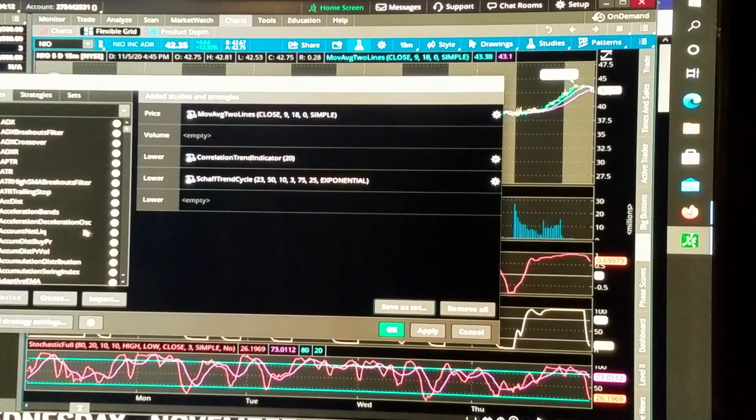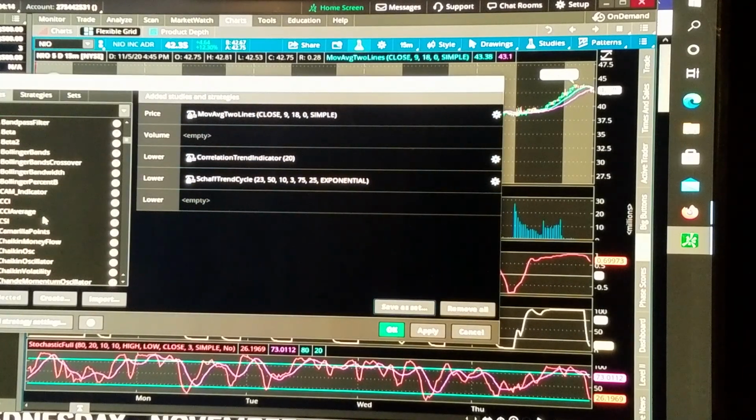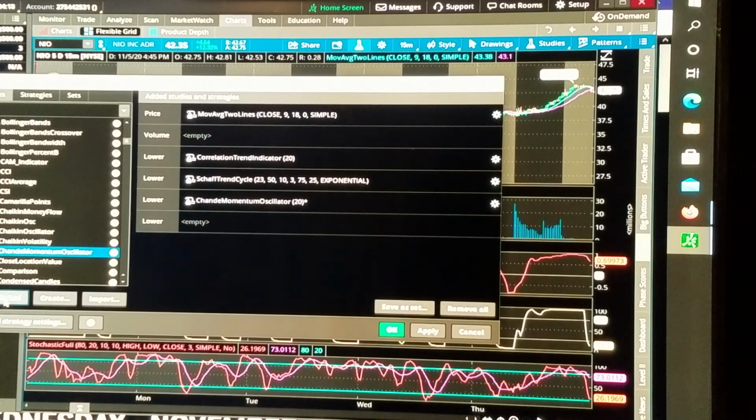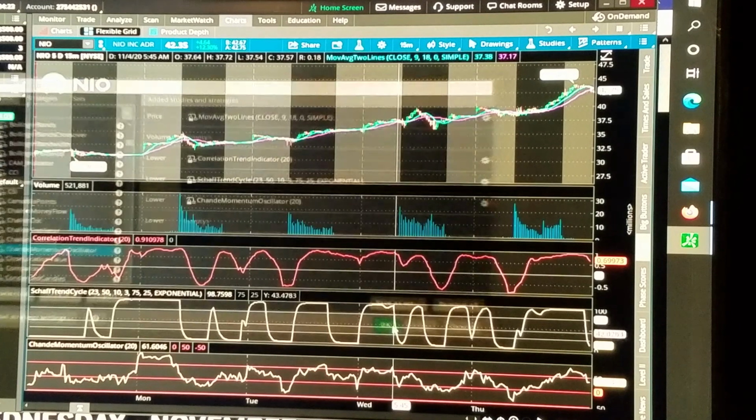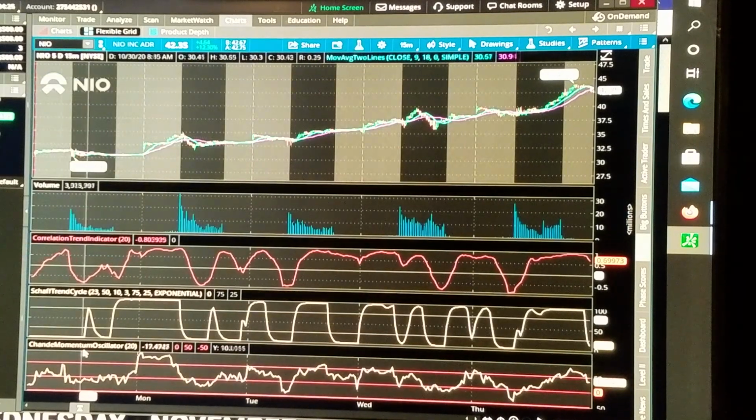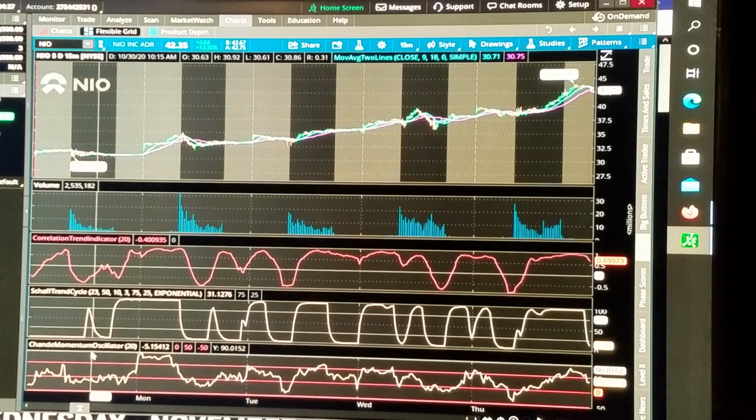Not every indicator will apply to every stock. I like using this Chande momentum oscillator. It also goes well with the Aroon oscillator and the Aroon indicator.